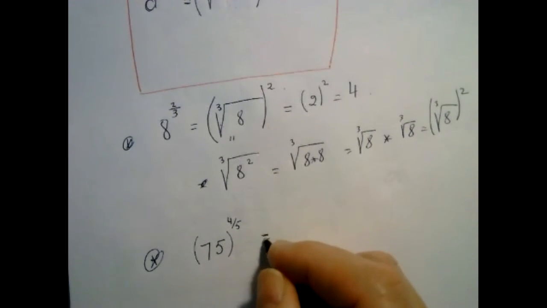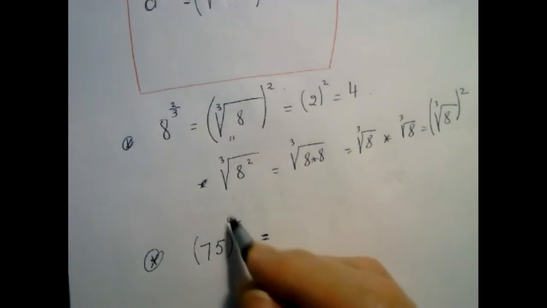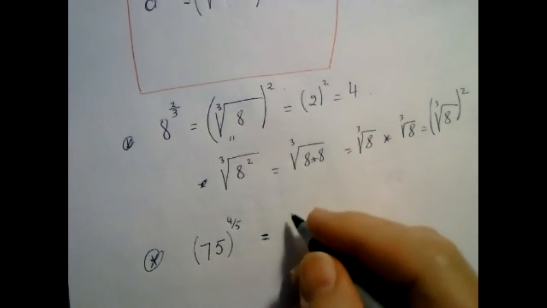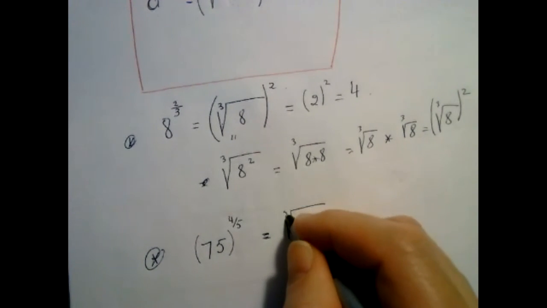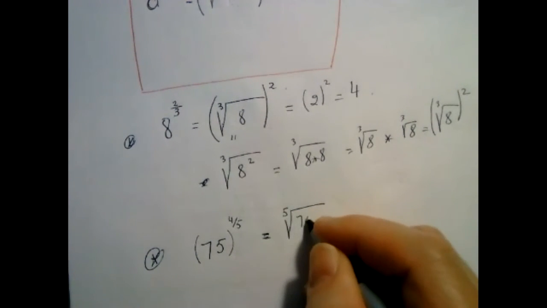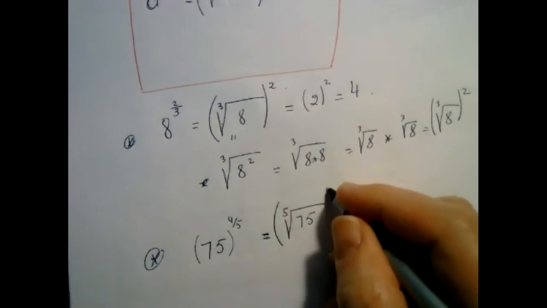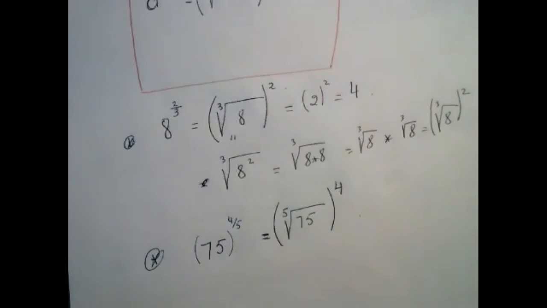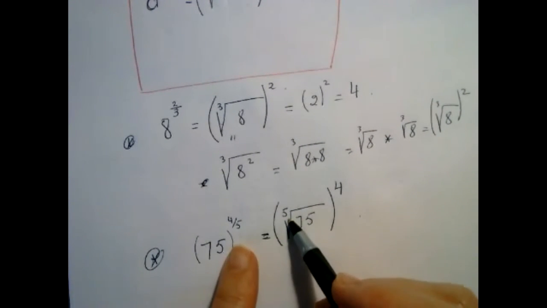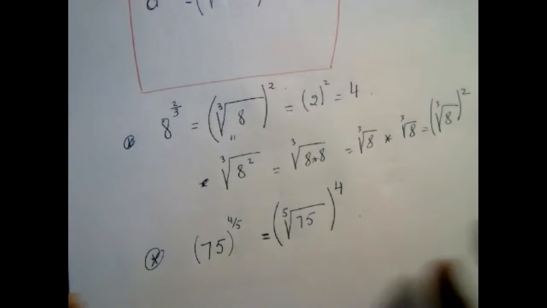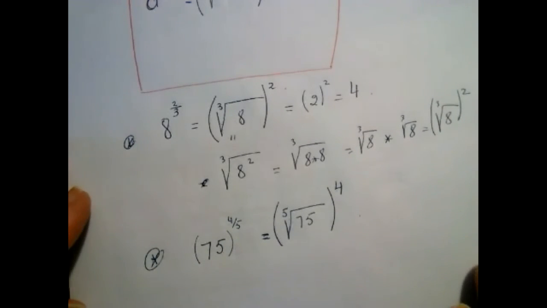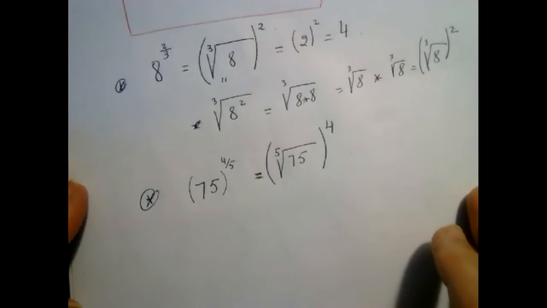No fractional power in here. It's the 5th root of 75 raised to the power 4. So the denominator is the root and the numerator is the power of the whole thing. That's what those fractional exponents are about.